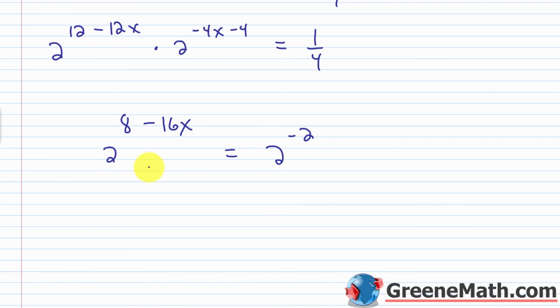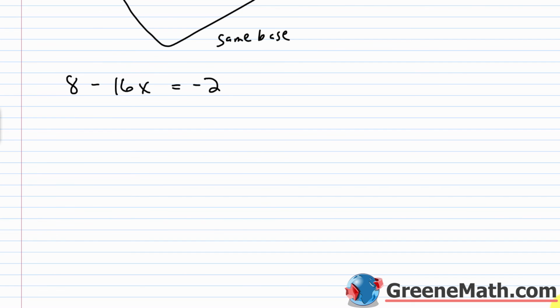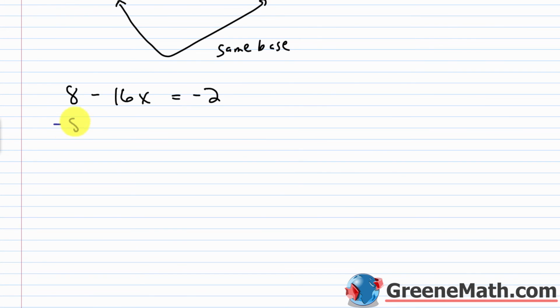All right, so 2 and 2, same base. Just going to set these guys equal to each other. I'll say 8 minus 16x is equal to negative 2, and I'll just solve for x. So I'm going to subtract 8 away from each side of the equation. That'll cancel.